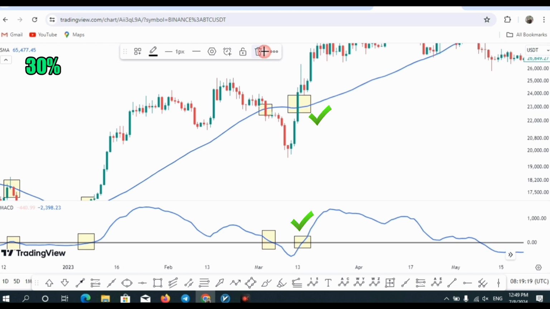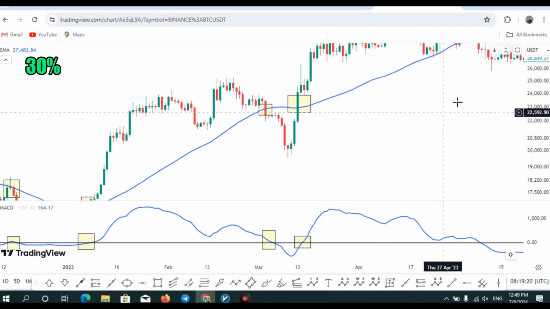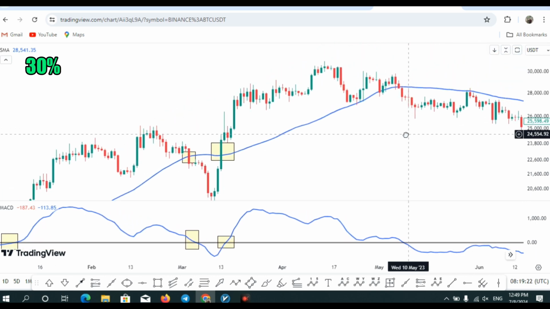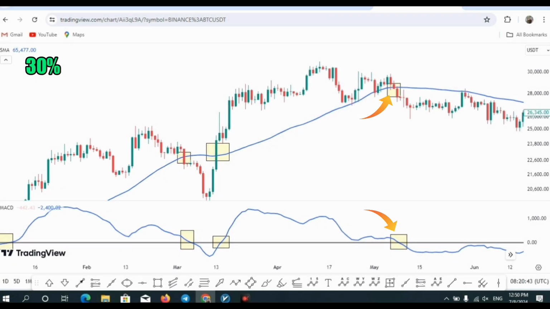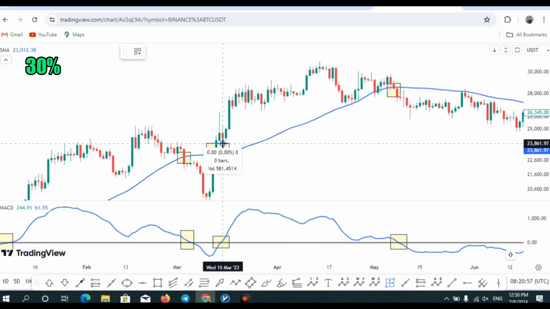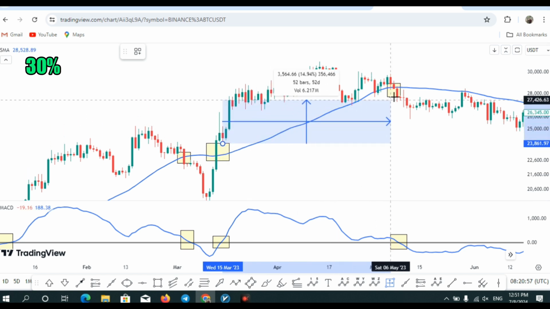And in this area, we make a buying position. And here is our selling point. And in this wave we made 17% profit.